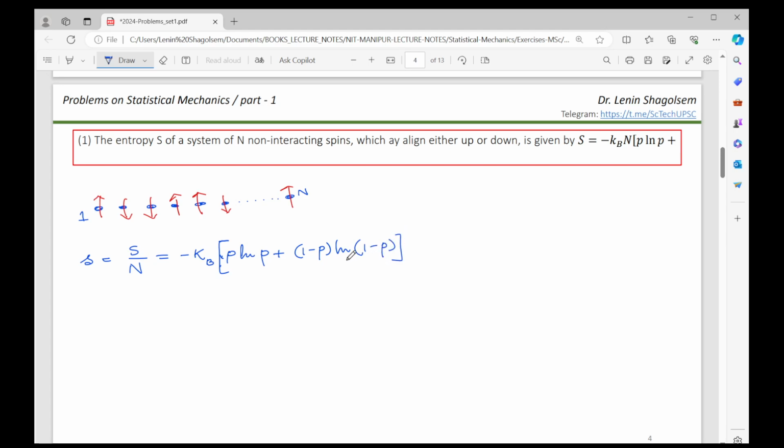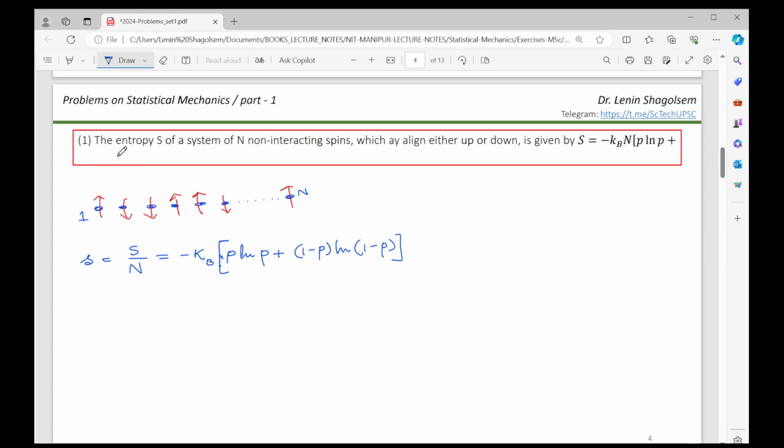So this is the expression. Now in this problem, we are given the expression of the entropy.